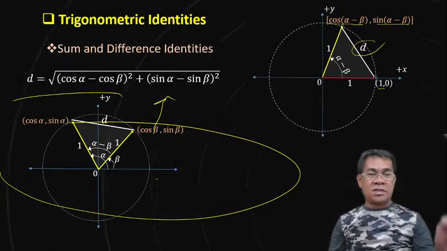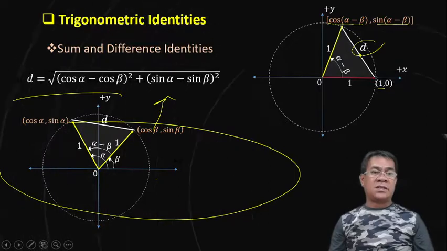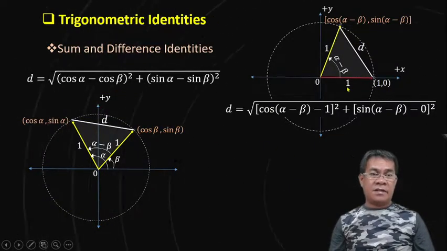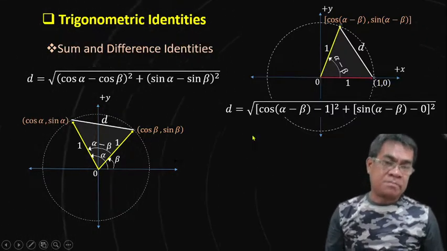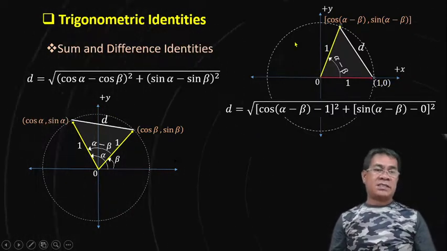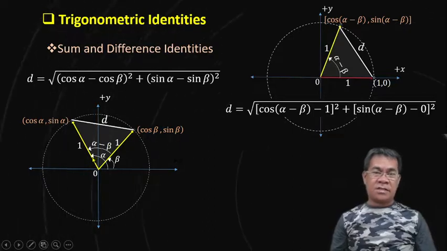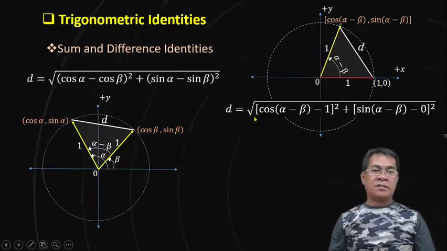Then you take the square root of everything, and the answer is d. So therefore, we have another equation for the distance of the same triangle, but the difference is the coordinates.